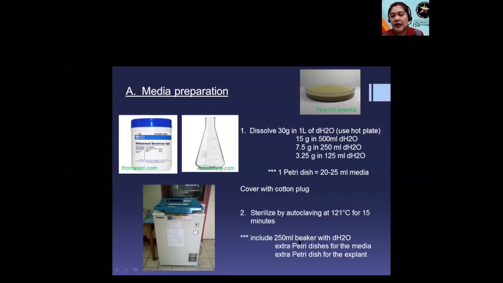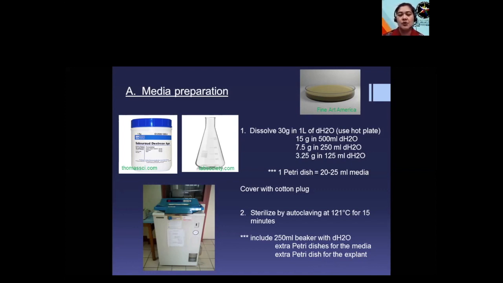We have to have sterilized distilled water. And you include the Petri dishes that you're going to use. And likewise, another Petri dish na gagamitin natin as sangkalan. Opo, dun po tayo magsaslice for the explant. Explant is a term that we use for the part of the plant that we're going to excise or cut for study.